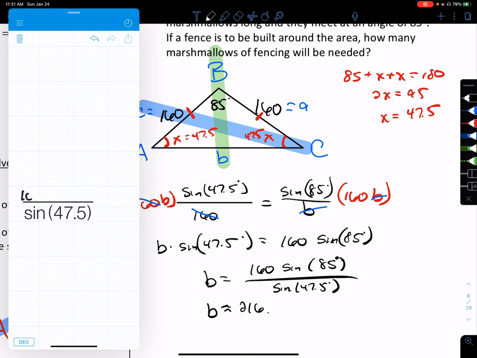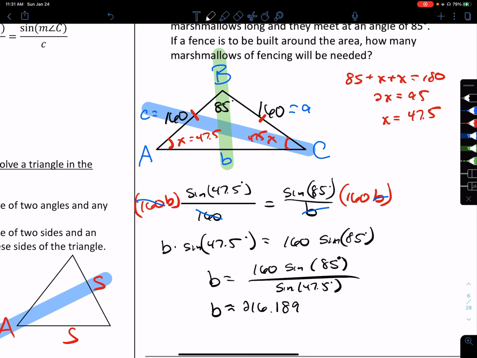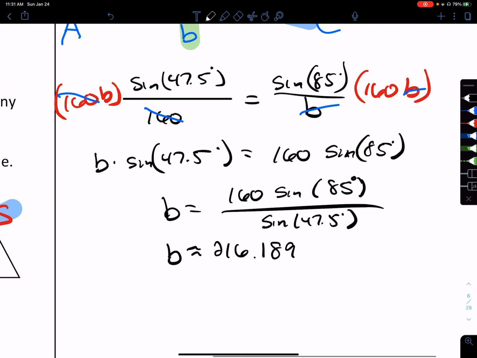I misinterpreted this. 160 times sine of 85 degrees. All right, so it's 216.189. Hypocrite avoided.